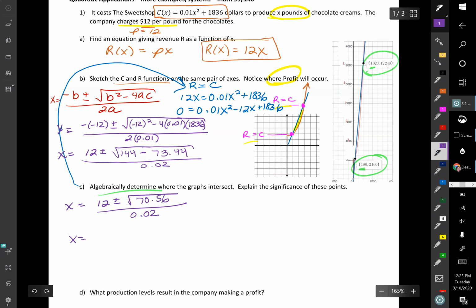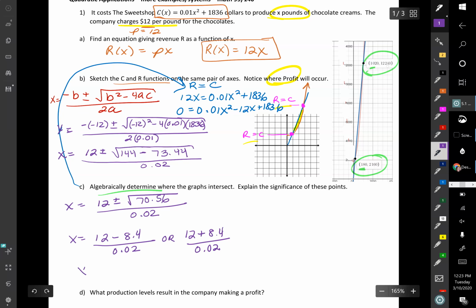So then I have 12 minus 8.4 over 0.02, or, which we just write or, 12 plus 8.4 over 0.02. So 12 minus 8.4 is 3.6 divided by 0.02.